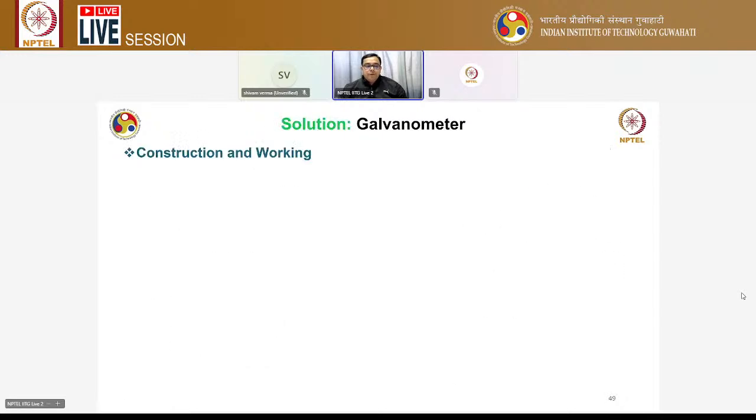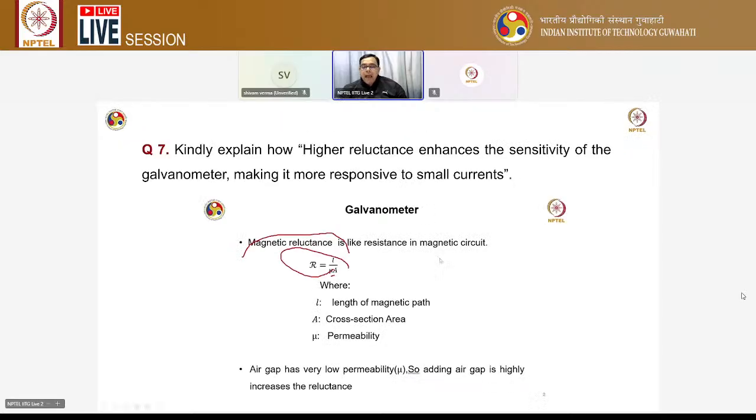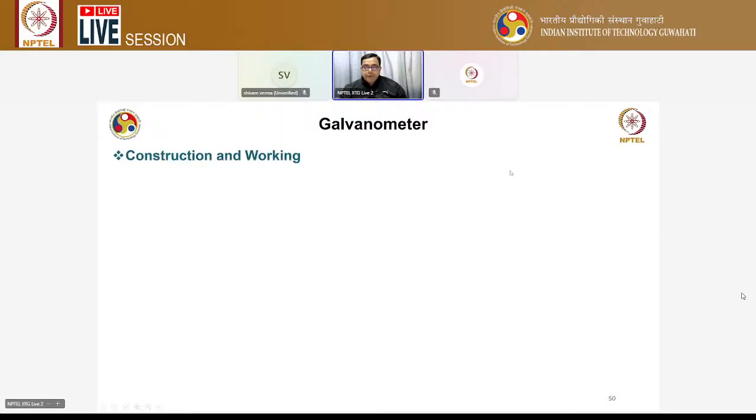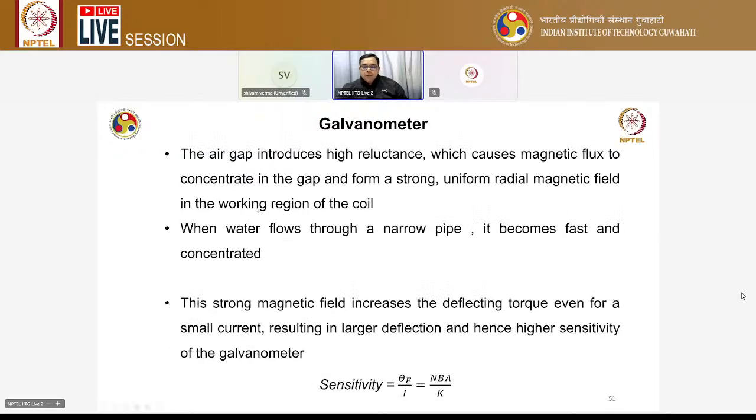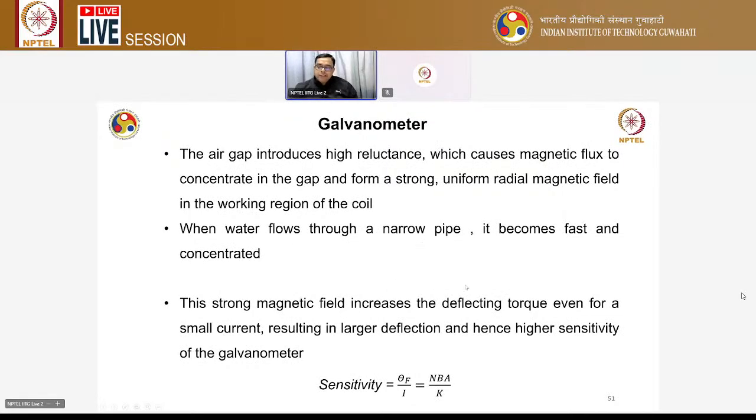That's why, when you have high reluctance, your sensitivity is also increasing. When you have this strong magnetic field, you have higher deflections even for a small current.